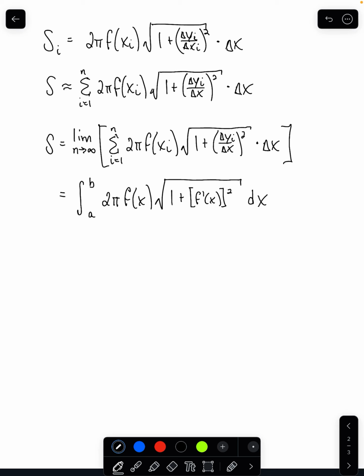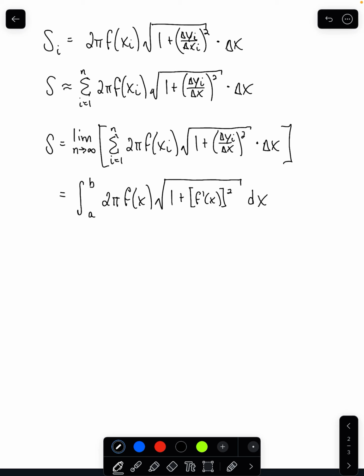So we have this slanted line, the length of the slanted line being covered by the square root portion. And then we have the 2 pi r, the 2 pi times f of x, accounting for the circular rotation of that slanted segment. Of course, we need to look at some examples with this.